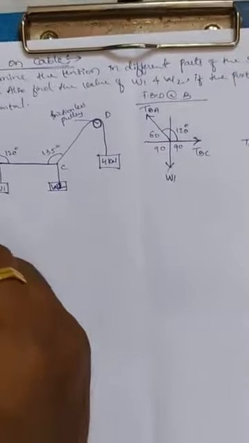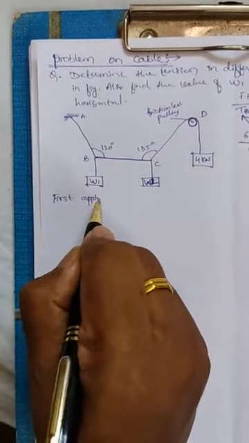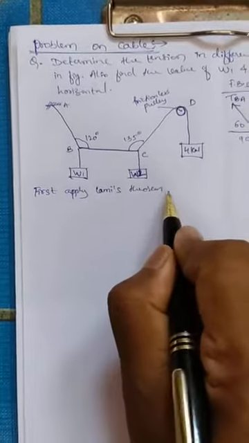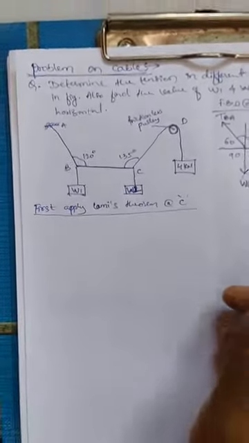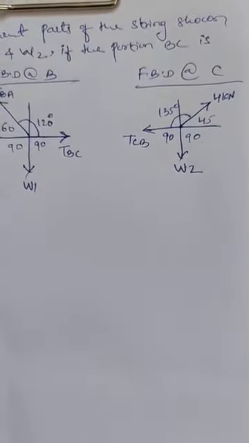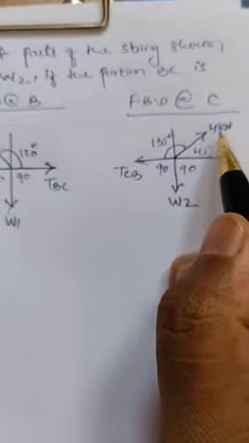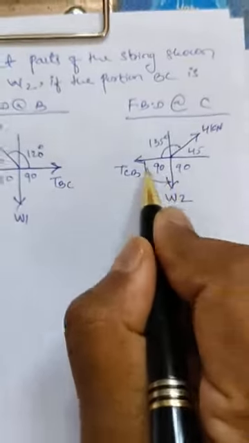Okay, now first apply Lami's theorem at joint C, because the number of unknowns is 2 and one is known. First I will take 4, which is a known force, divided by sine of. When I consider 4 kilonewton, the opposite two forces are TCB and W2.